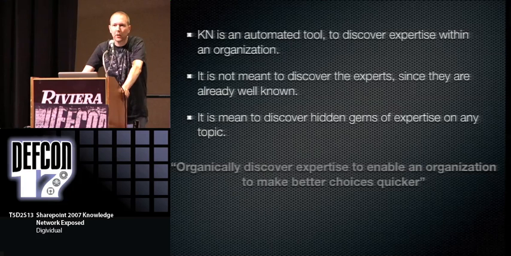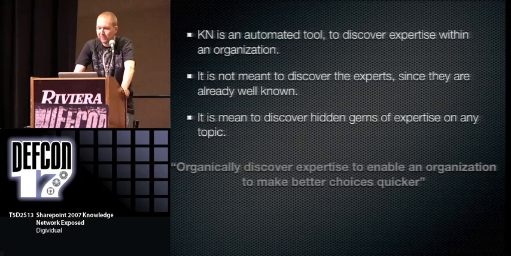Or if you're stuck behind a deadline and you're working late and the guy who's the head of it is not available for whatever reason, is out golfing, you might find other people who could help you. The wonderful quote that I found somewhere was to organically discover expertise to enable an organization to make better choices quicker. And that's obviously a marketing involvement somewhere in there because no engineer came up with that.